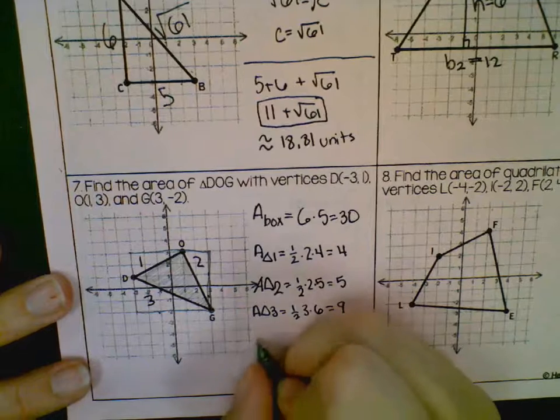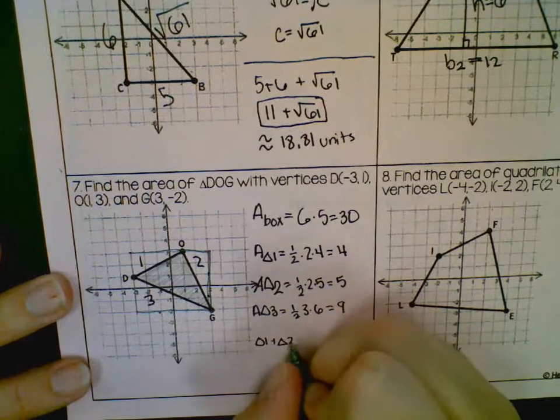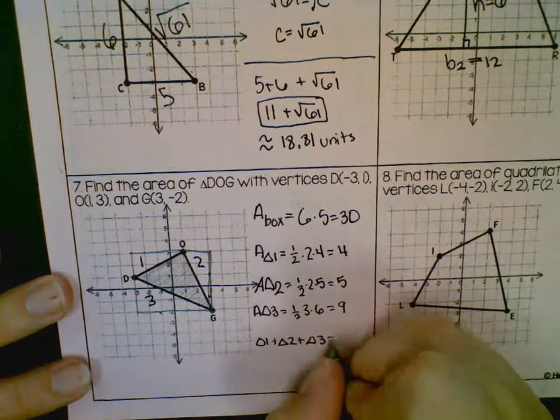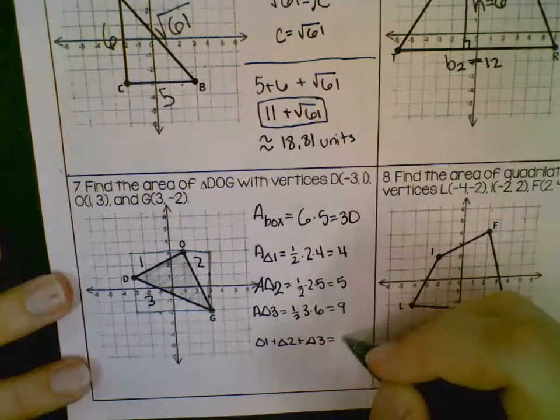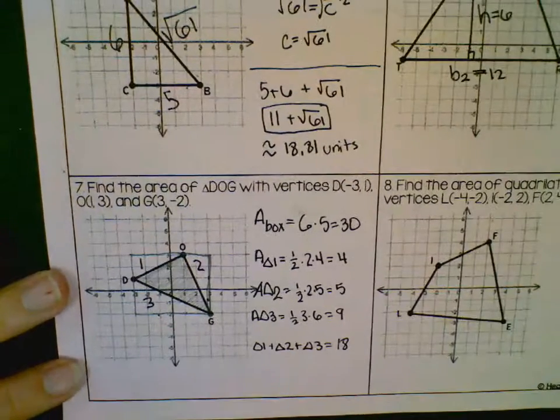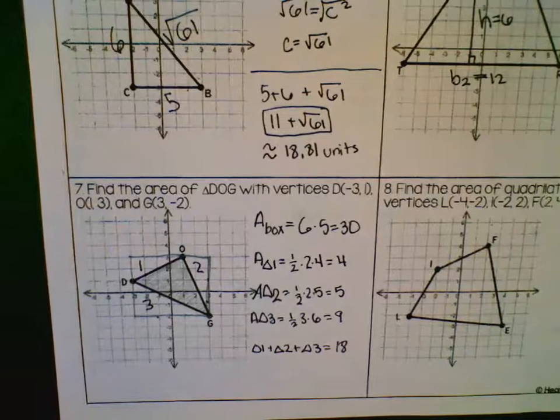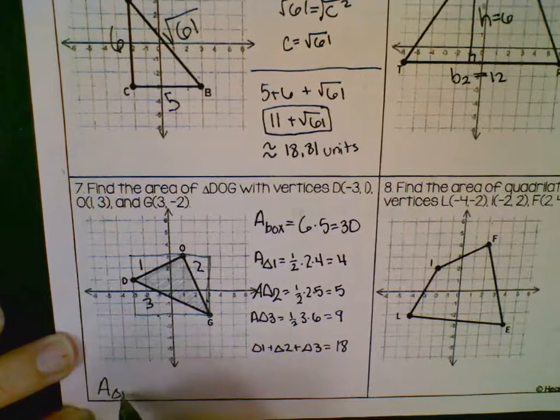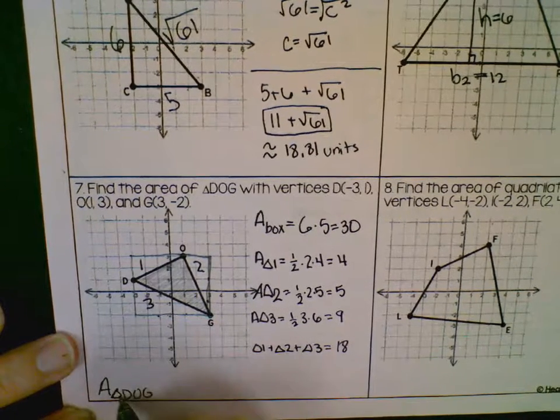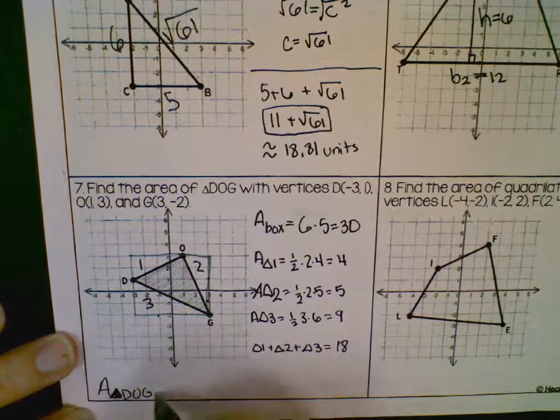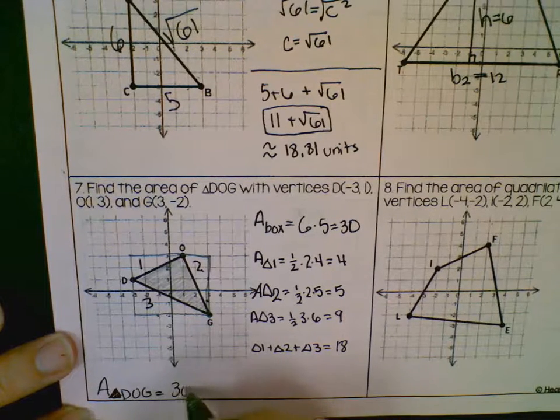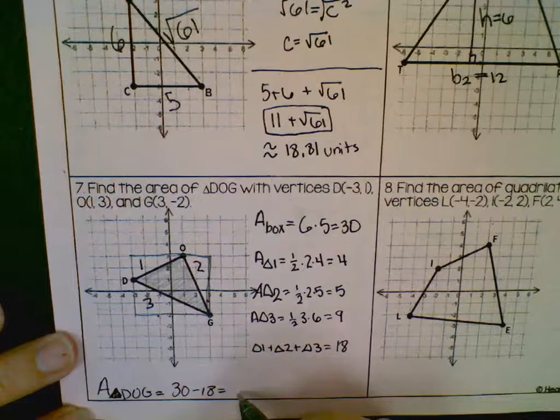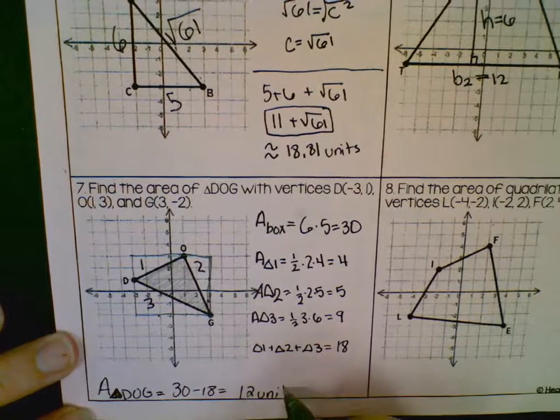Okay, so triangle 1 plus triangle 2 plus triangle 3, if we add all those together, we get 4 plus 5 plus 9, which is 18. Okay, so the area of the pieces that we don't want is 18. The area of that whole thing is 30. So the area of the triangle equals 30 minus 18, so 12 units squared.